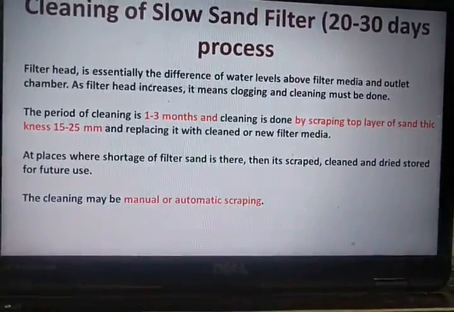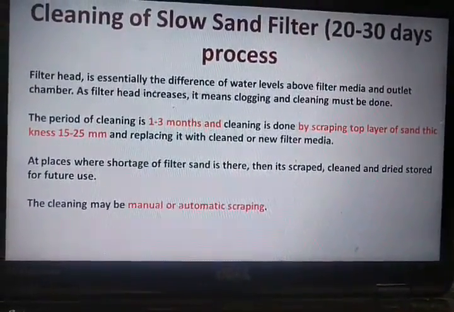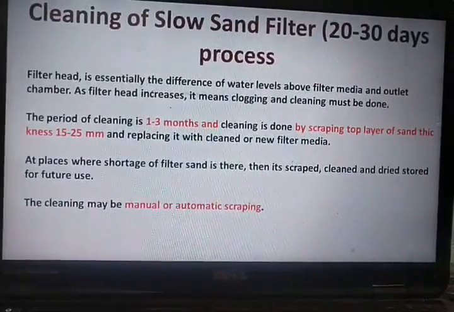So hence in an interval of 1 to 3 months the cleaning is done.